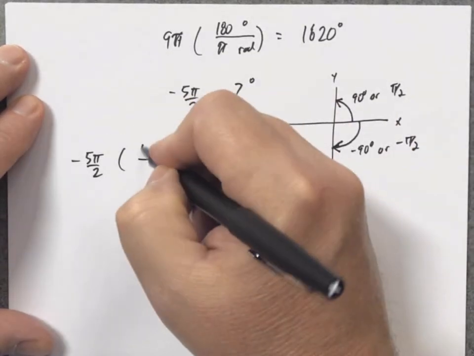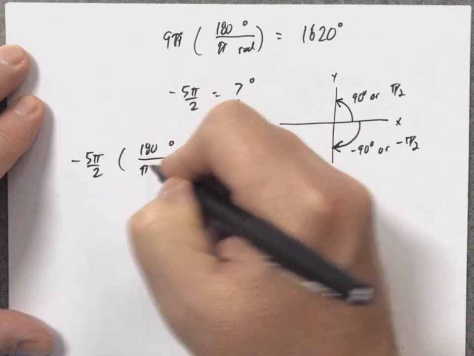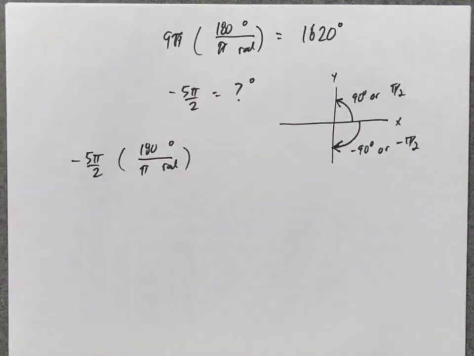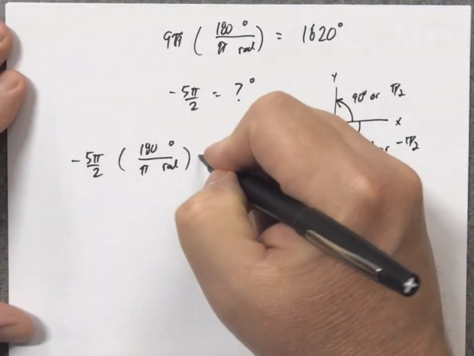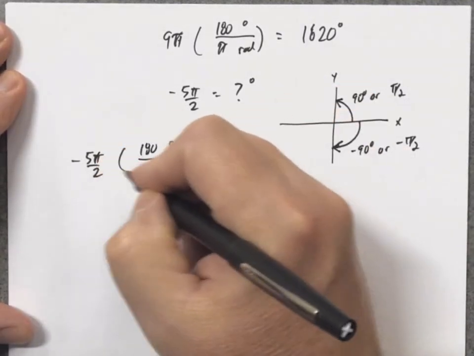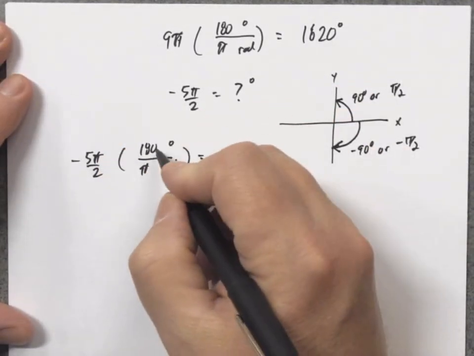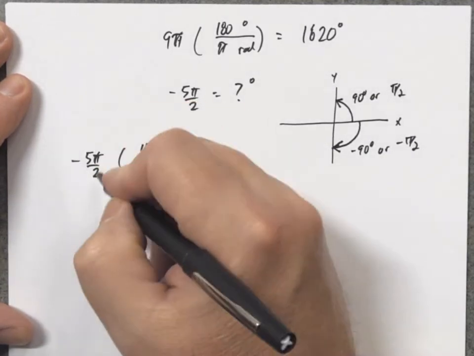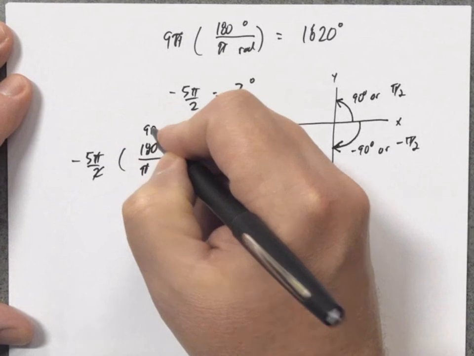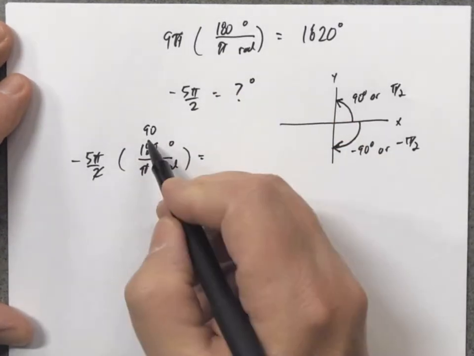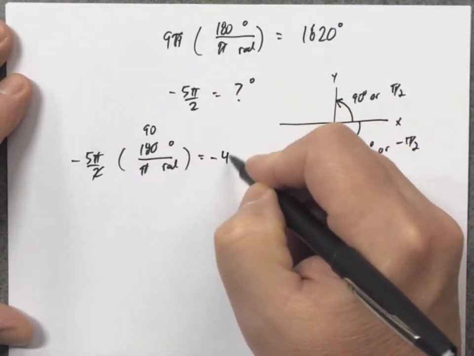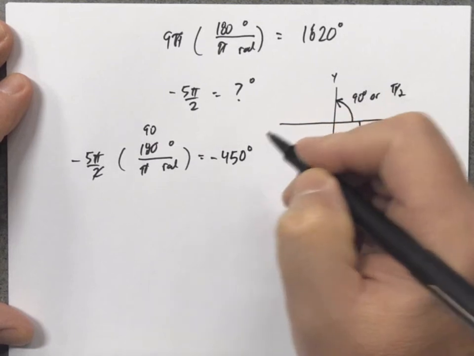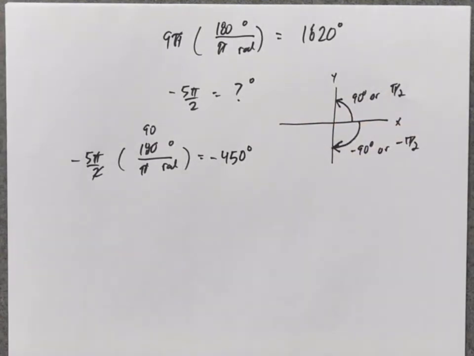The relationship is 180 degrees in pi radians. So now, since we want an exact answer, the pi's cancel out. I've got 180 degrees up here and 2 on the bottom. That reduces down to 90. So I've got minus 5 times 90, which is negative 450 degrees.